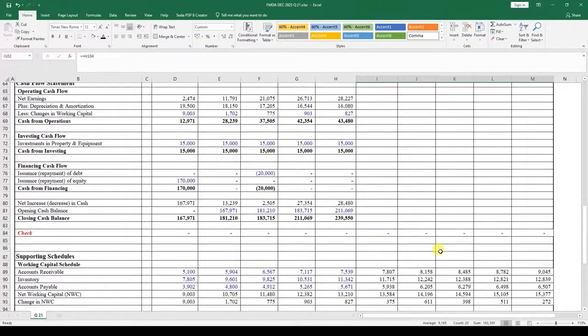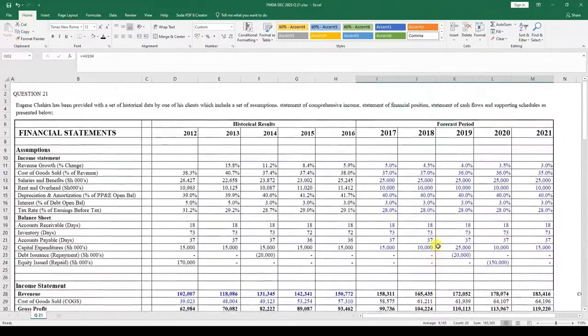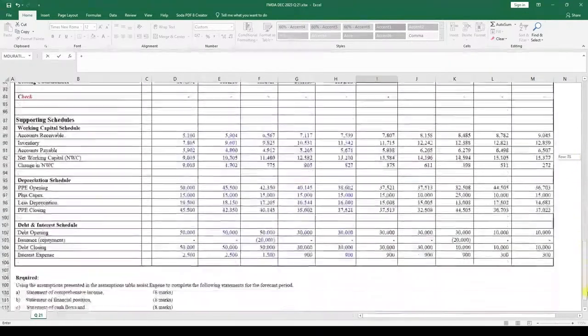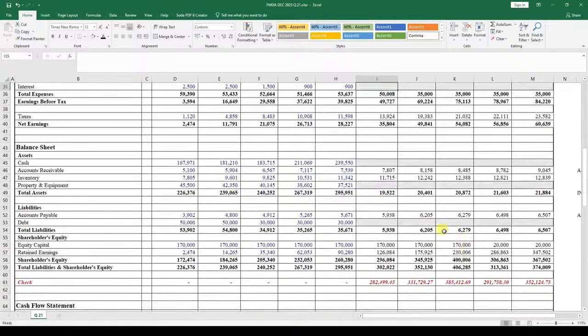But first, let's go back up and start all over again from the income statement here and fill out what is missing. We have the depreciation component, so we link it with the ones in the supporting schedule. So we go down, and you can see the depreciation is given to us over here. There, enter.